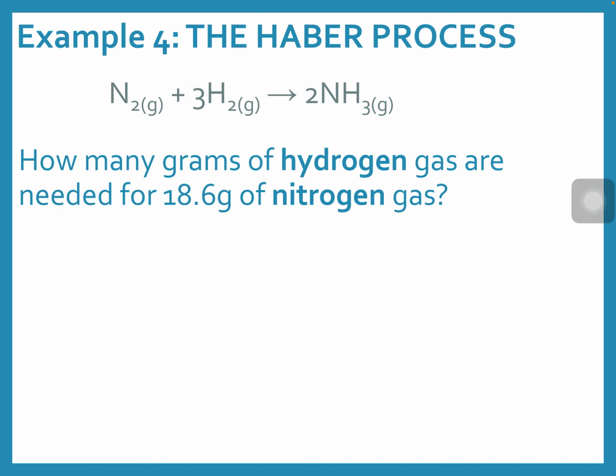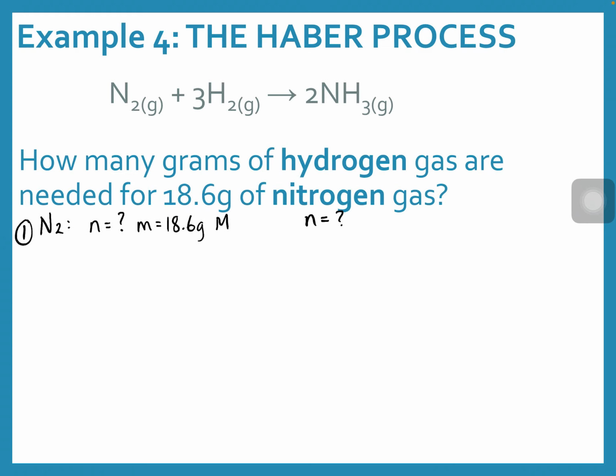So the first example we did, how many grams of hydrogen are needed for 18.6 grams of nitrogen? Our flow chart said that we need to convert this to a number of moles first. So the first step would be for nitrogen. We know we want the number of moles, and we know that our mass is 18.6 grams.